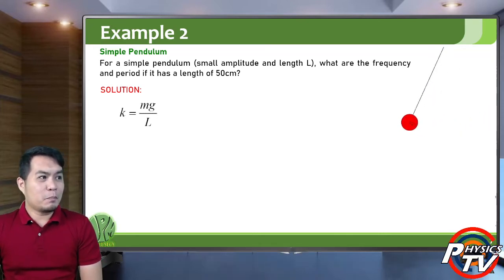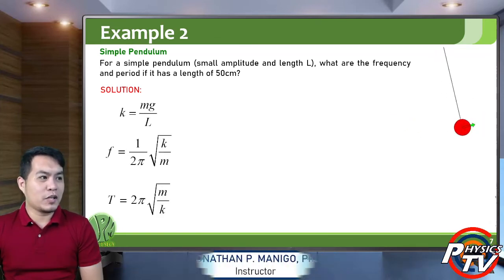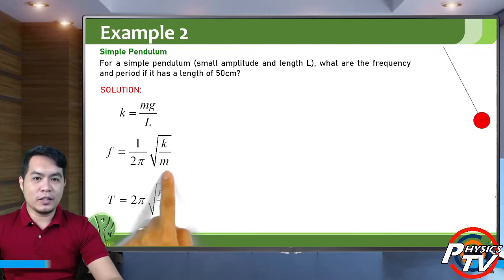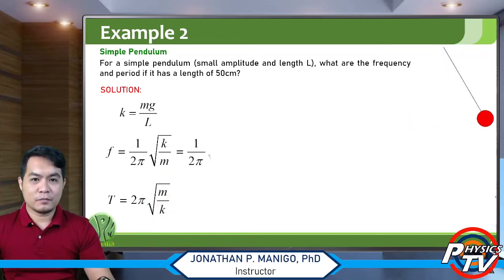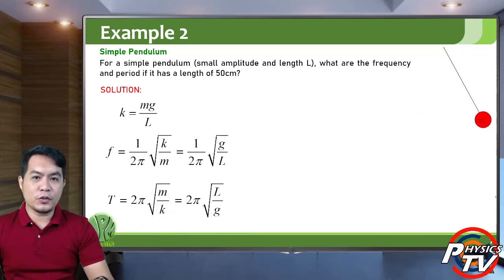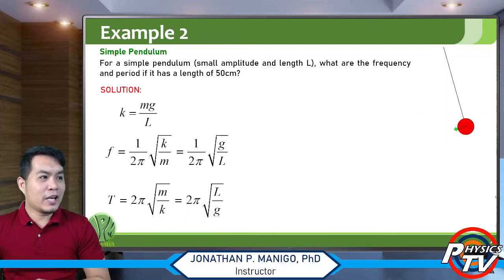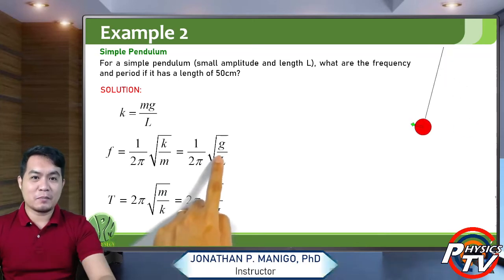For a simple pendulum, the force constant is just the weight over the length, mg over L. So we substitute that in our equations. When you substitute k by mg over L, you will notice that m will cancel. And these are your new equations for the frequency and period for a simple pendulum. You will notice that the mass actually doesn't matter.